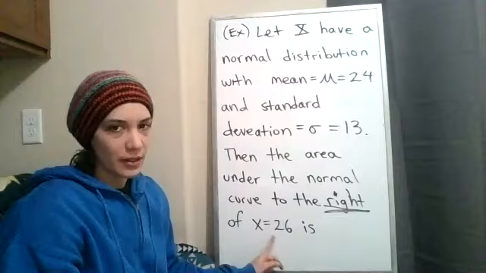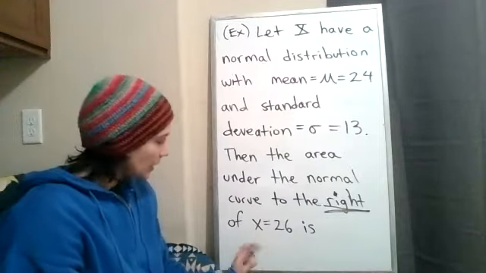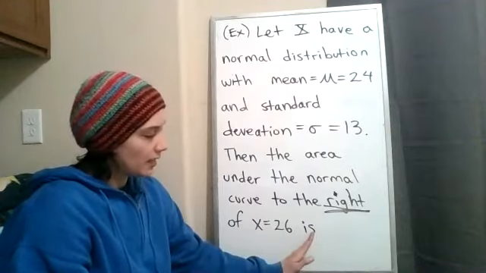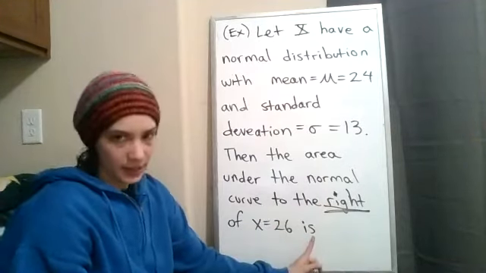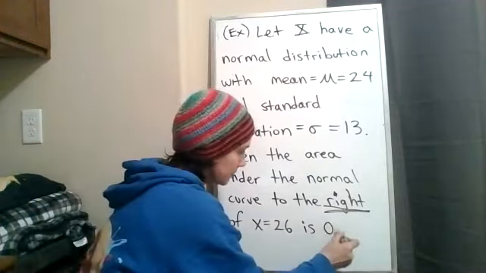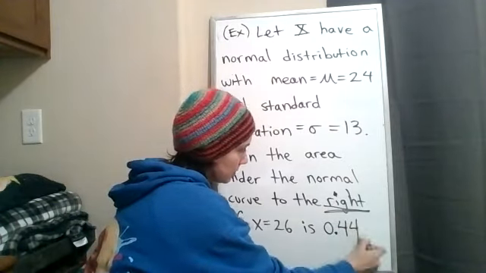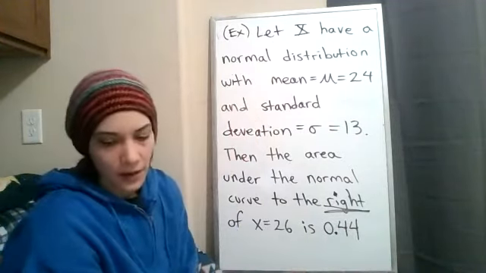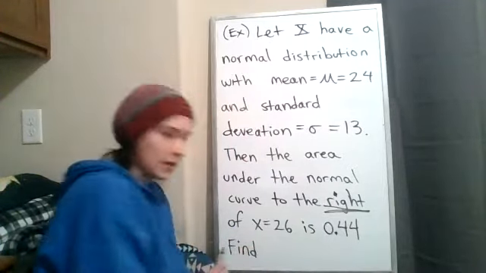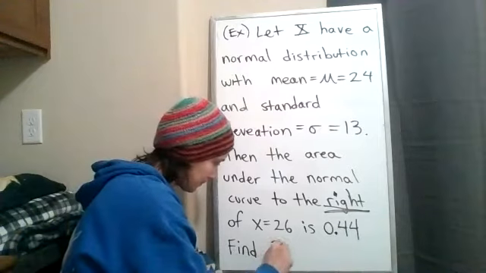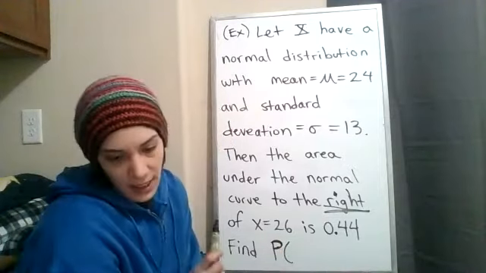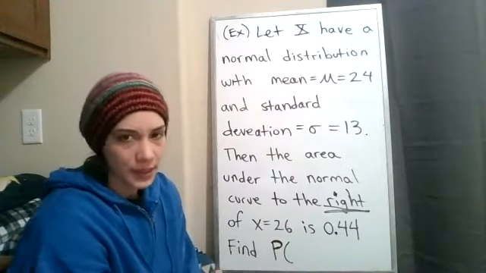I'm not super picky about it though, just be clear that it's your variable x at this value. The area to the right of that number is 0.44. Find the probability that x is greater than or equal to 26.